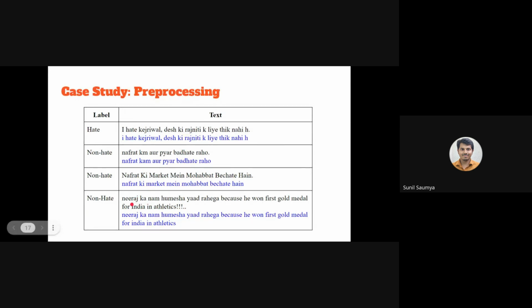And here also you can see "Neeraj ka naam hamesha yaad rahega", because he won the first gold medal for India in athletics. And here we have removed all these punctuations, the stops. Right. So these are some of the pre-processing steps which we followed. Fine.